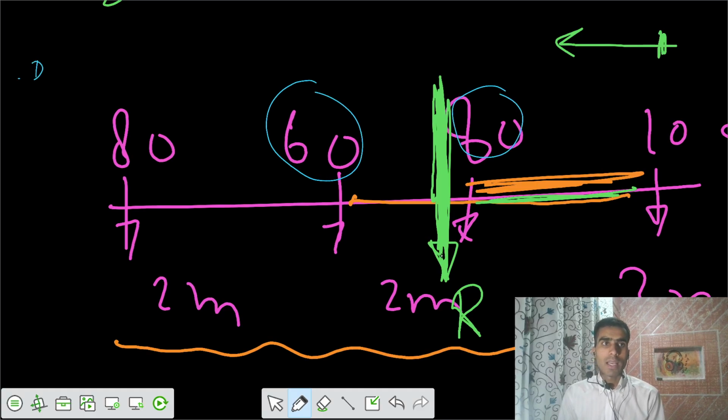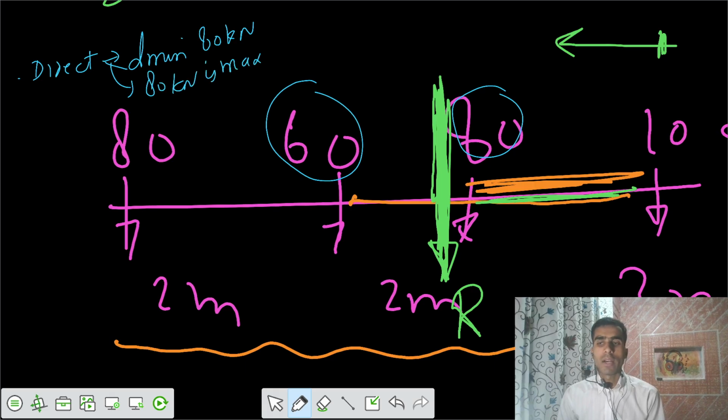I can directly confirm two things: that D minimum is also on the 80 kilonewton side, and that the 80 kilonewton load is also maximum. So I don't have to go for two iterations. I can directly say that maximum bending moment would be when the load is placed at an ordinate where you keep that 80 kilonewton.